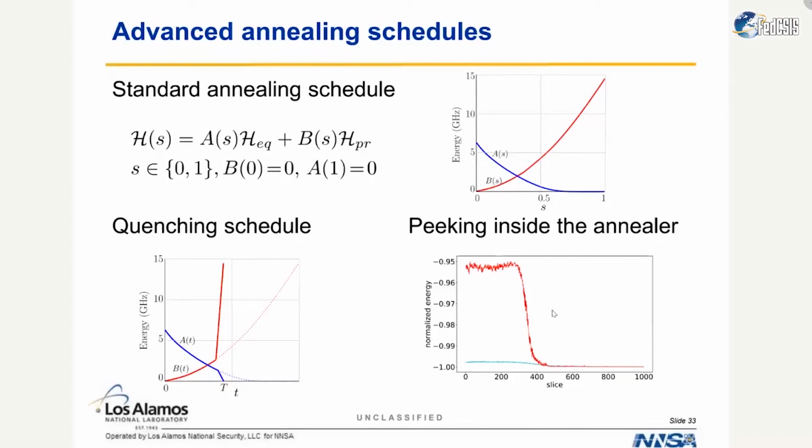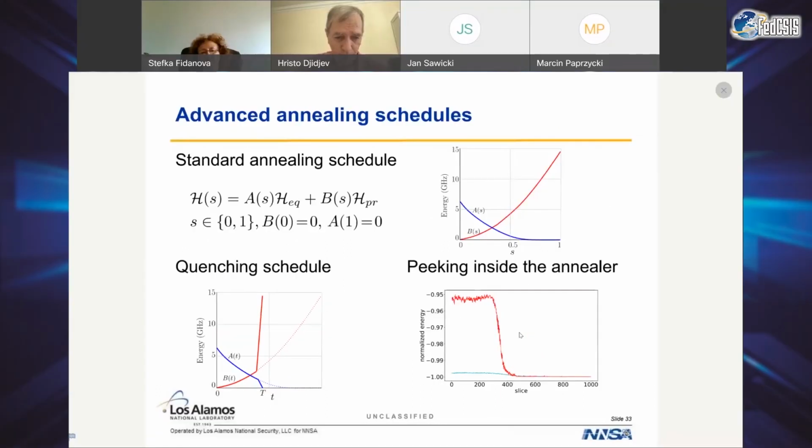And one represents the so-called quenching schedule, which is on the bottom left. So in this schedule, we follow the curves to some point, capital T, and then suddenly we end the annealing, like going all the way in just a single microsecond.